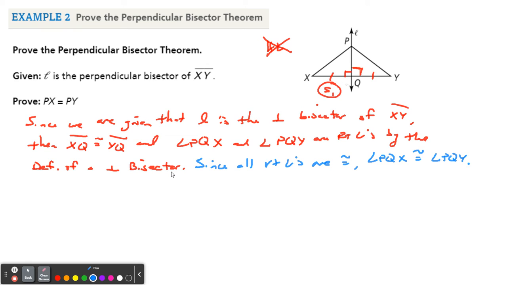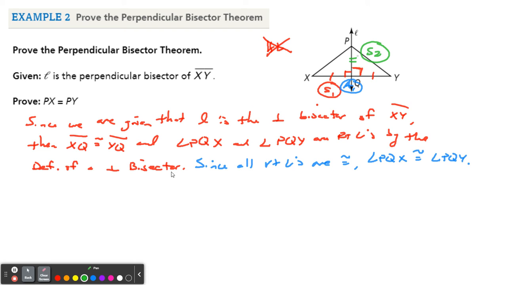So that gives me a pair of angles. So there's angle 1. And now if you notice how these two triangles touch, they share PQ. PQ is going to be congruent to itself, and that'll be side 2. And these two triangles will be congruent by side, angle, side. PX and PY are corresponding parts, so they'll be congruent and their lengths will be equal. And that's the proof, right?